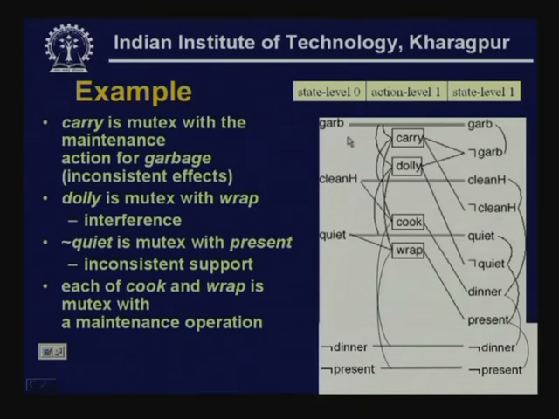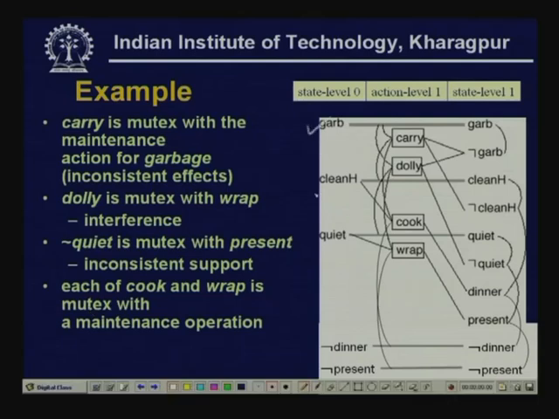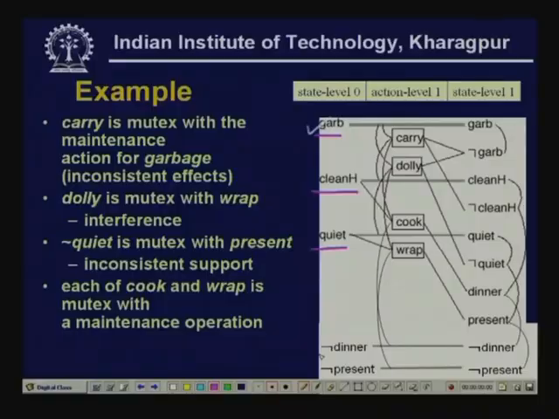In the initial state we have garbage, clean hands, quiet. And you also know whatever propositions are not mentioned in the initial state are assumed to be absent. So, in the initial state there is no dinner, no present. Now, what are the actions that one can carry out in the initial state? One can do carry, one can do dolly.